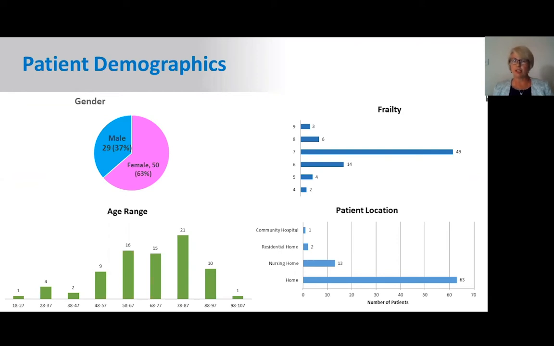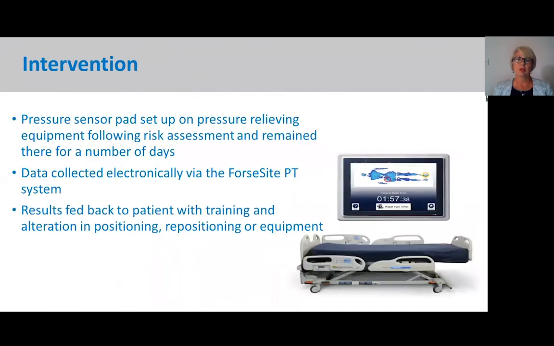The majority of the patients have been in their own home, with the majority being a frailty level of 7 and above. The patients with a lower frailty tend to be in wheelchairs, and we've had a predominantly female population.